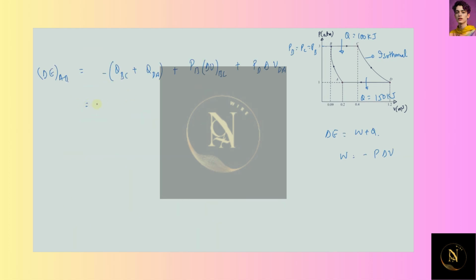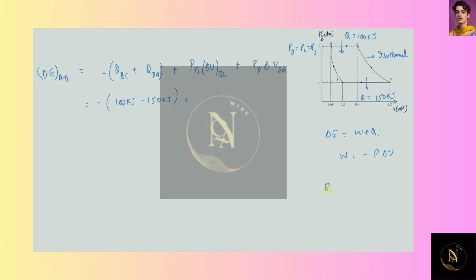So it will be equal to minus sign. QBC is the heat added in the process BC, and that is 100 kilojoule, so we write 100 kilojoule here. Plus QDA is this heat, but as the heat is removed from the system we have to take minus 150 here. So it will be minus 150 kilojoule. Plus the pressure at B point is 3 atm.